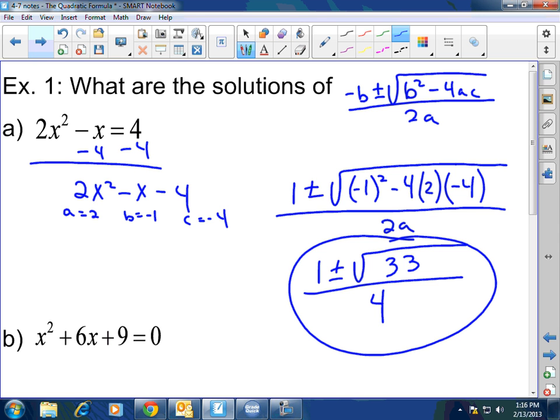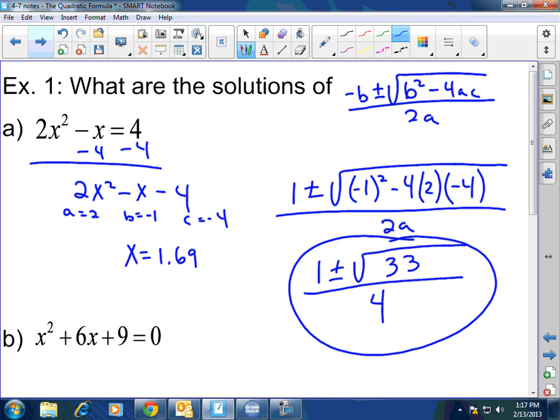Just so you understand, I'm going to cheat here, just so you can understand what this is giving you. When I put in the square root of 33 plus 1 divided by 4, one of my answers is 1.69.